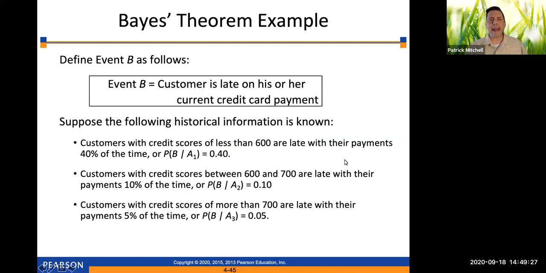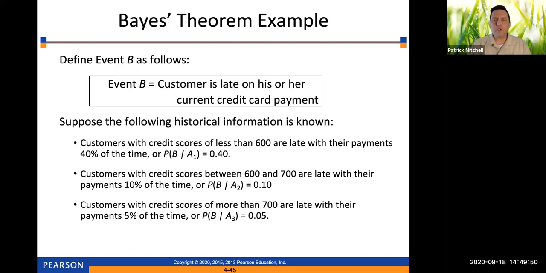And let's define event B to be the customer is late on their credit card payment. And suppose the following historical information is known. Customers with credit scores of less than 600 are late with their payments 40% of the time, which means the probability B given A1 is 0.4.